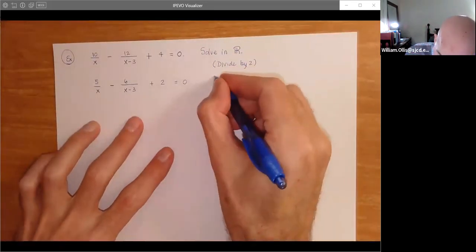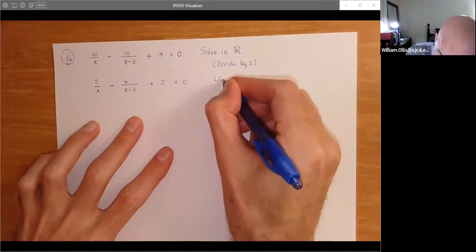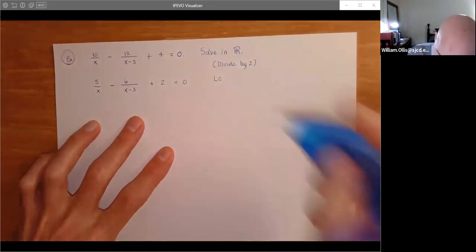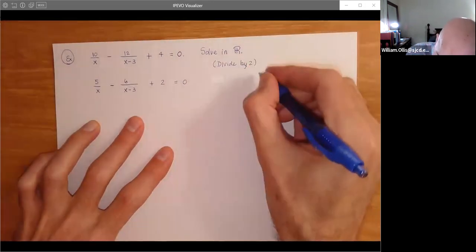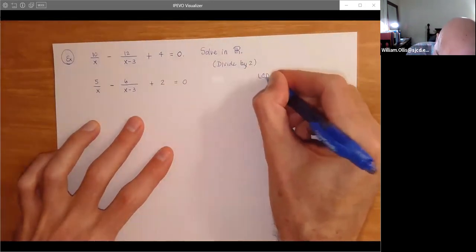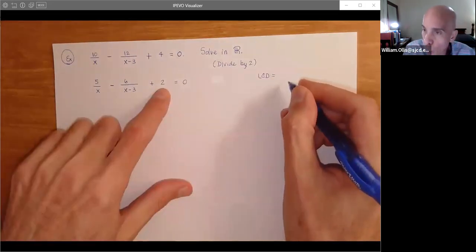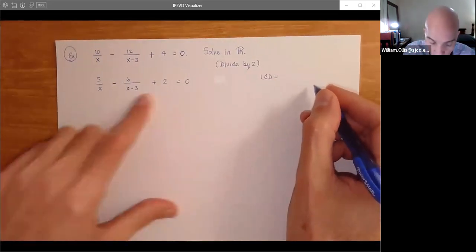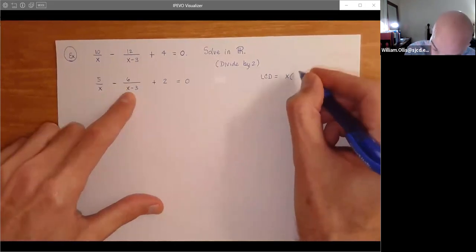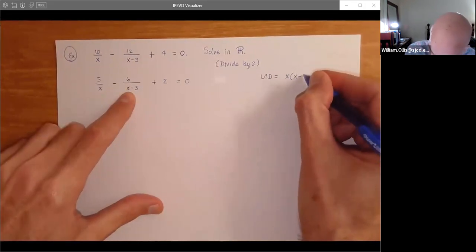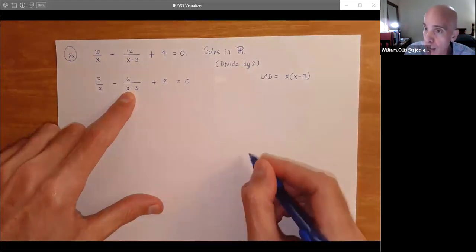So what we want to do is do a least common denominator. Here, let me give a little space so I have room to write it. So we can say LCD. Of course, we've got a 1 here, so that comes along for free, but we need an x, and we need an x minus 3.